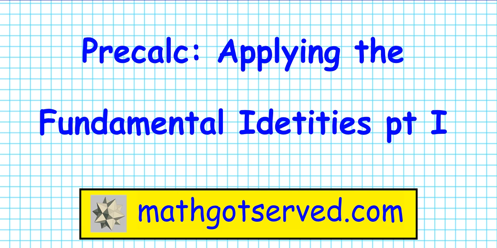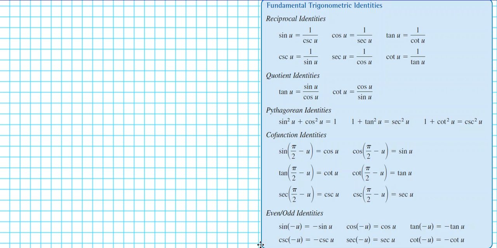And in this clip we're going to be going over an example on how to apply the fundamental identities. So let's consider the following example. Let's assume that cosine theta is 7 over 9.